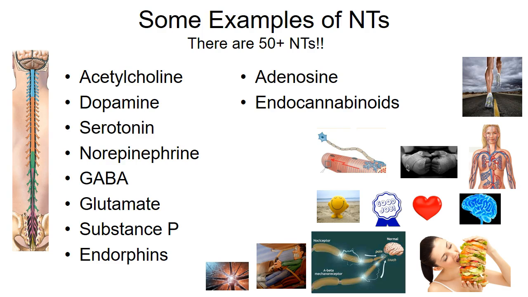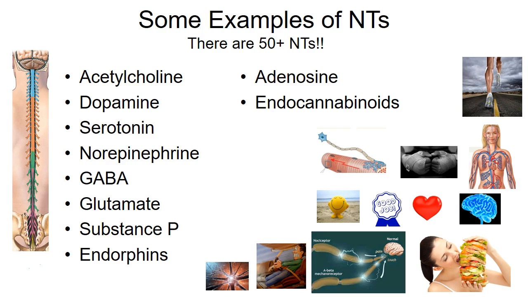Substance P is one of the neurotransmitters, substances out there, that is going to be relaying information with respect to pain. Substance P. So, pain.